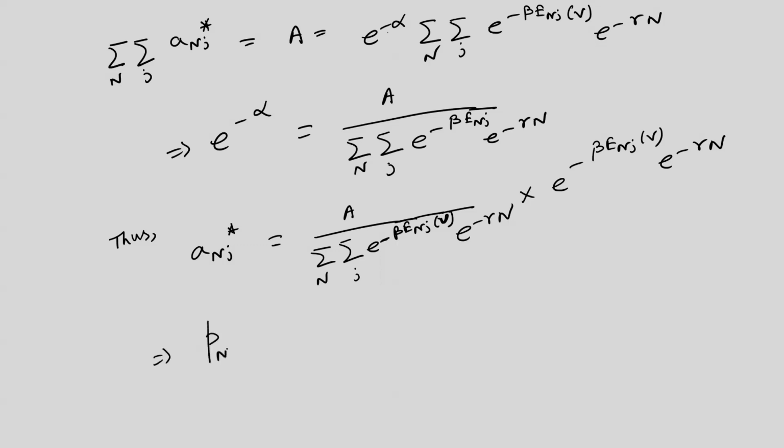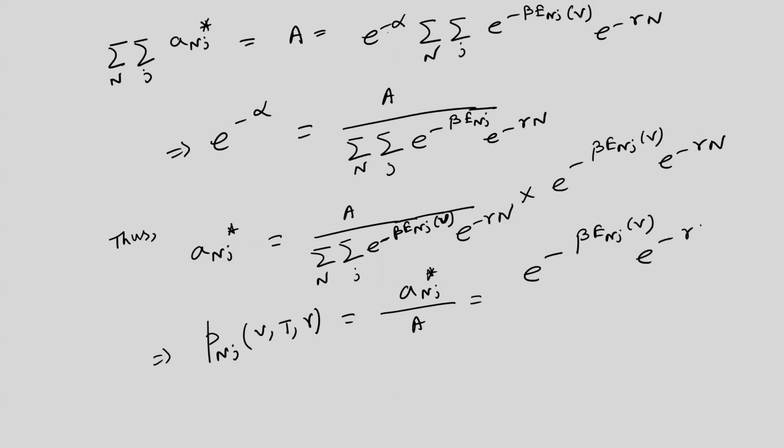So, we get P n j, which is a function of V, T and gamma, is nothing but A n j by A, and you can write e to the minus beta E n j and e to the minus gamma n by sum over n sum over j e to the minus beta E n j e to the minus gamma n.